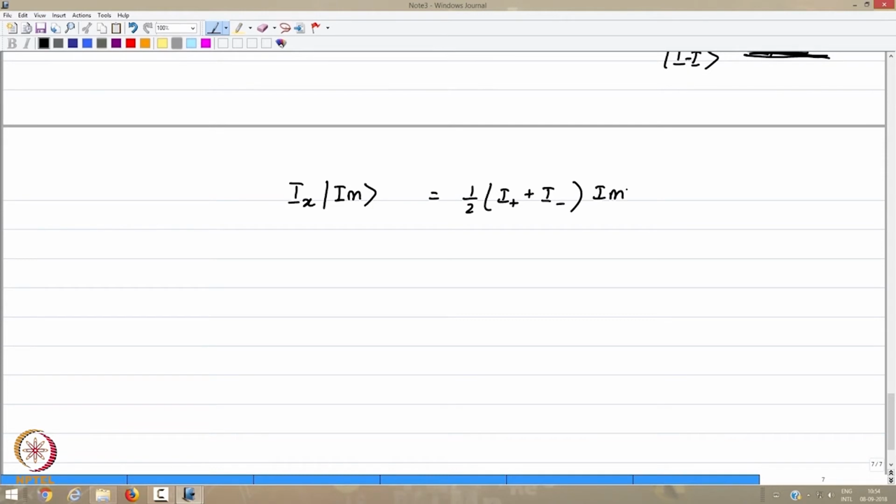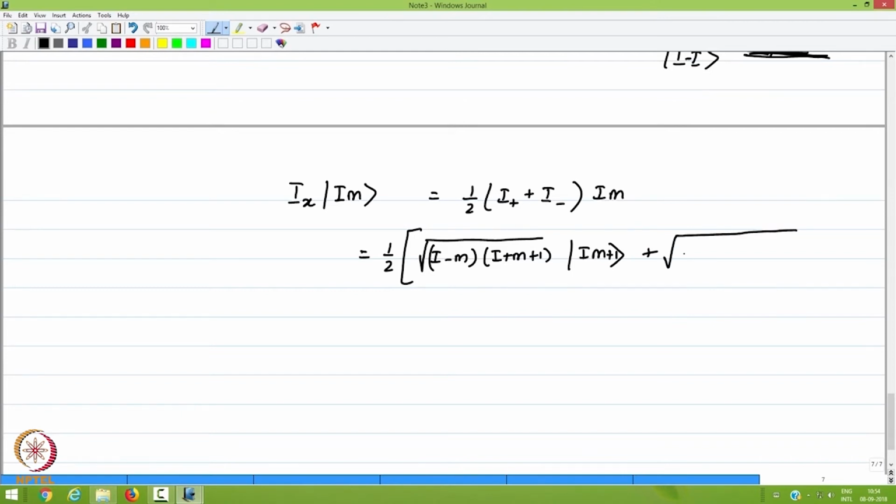Thus, the answer would be 1 by 2 square root of I minus m times I plus m plus 1 with the state I m plus 1, and I minus giving you plus square root of I plus m times I minus m plus 1 on the state I m minus 1. That is the action of the operator on the state Im.